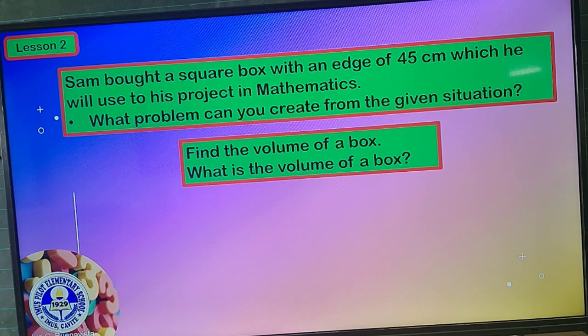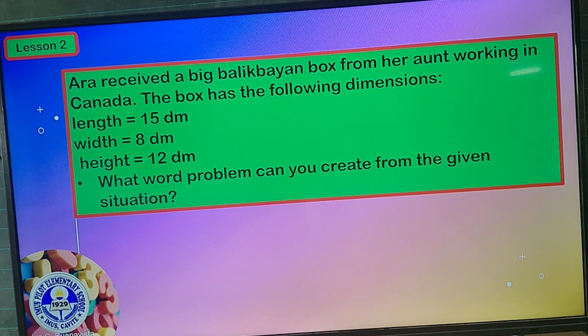Let's say for example, in order to complete your problem, Ara received a big balikbayan box from her aunt working in Canada. The dimensions of the box are 15 decimeter by 8 decimeter by 12 decimeter, period.